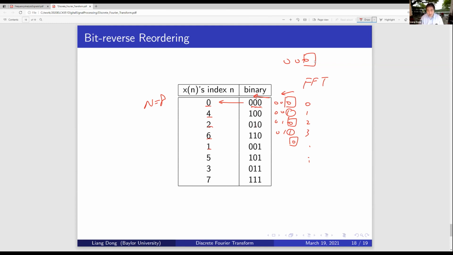That's exactly what we have here. So it's a bit reverse ordering. You're looking at the least significant bit first when you do the ordering. So we get that. Now, if we have that pattern, then it becomes very easy to program, and everything becomes very smooth to go through this FFT.